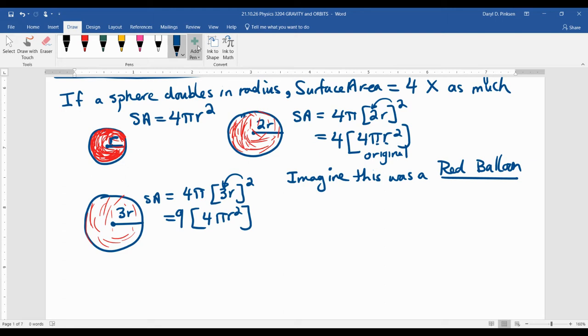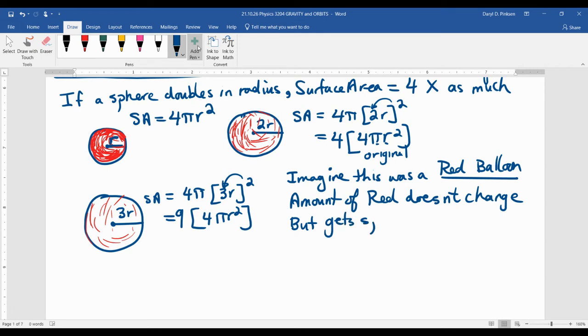When you increase the surface area, it's the same amount of force, but now it's spread out over a much bigger surface area. The amount of red doesn't change, but gets spread out over more surface area.